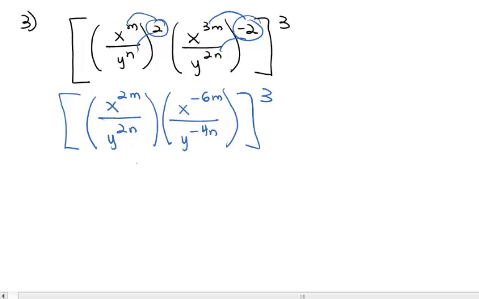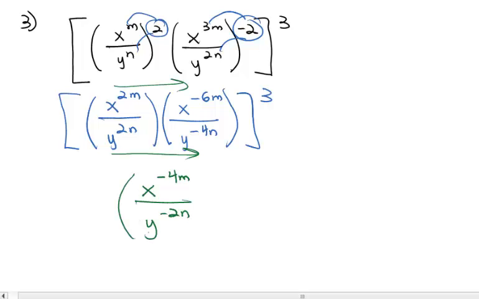But let's keep working on the inside. We can combine the x's and combine the y's by adding the exponents. 2 minus 6 is a negative 4m. Over y to the 2 minus 4 is negative 2n. And all of that is still cubed. We can do this at several points along the way. We might as well do it now.